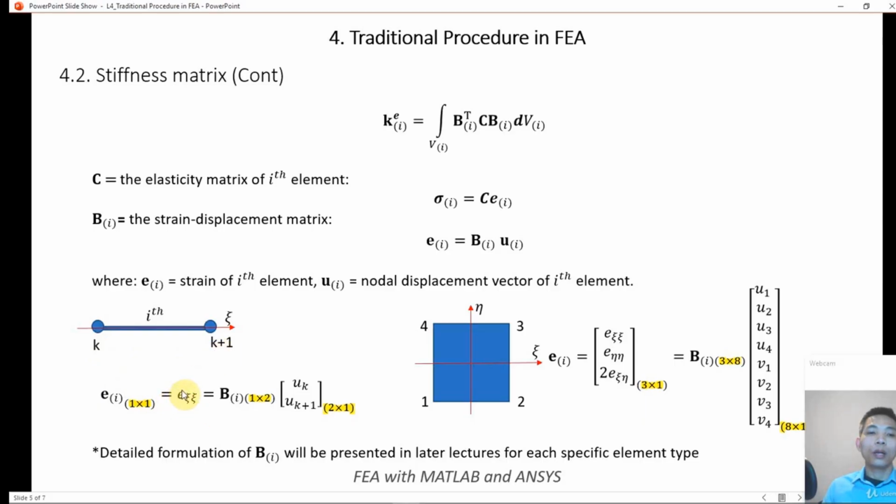So the strain of the element in the natural coordinate system ξ will equal B multiplied with [u_k, u_{k+1}]. You can see the nodal displacement vector U here is u_k and u_{k+1}, right? Because this element includes two nodes, this vector includes two components.